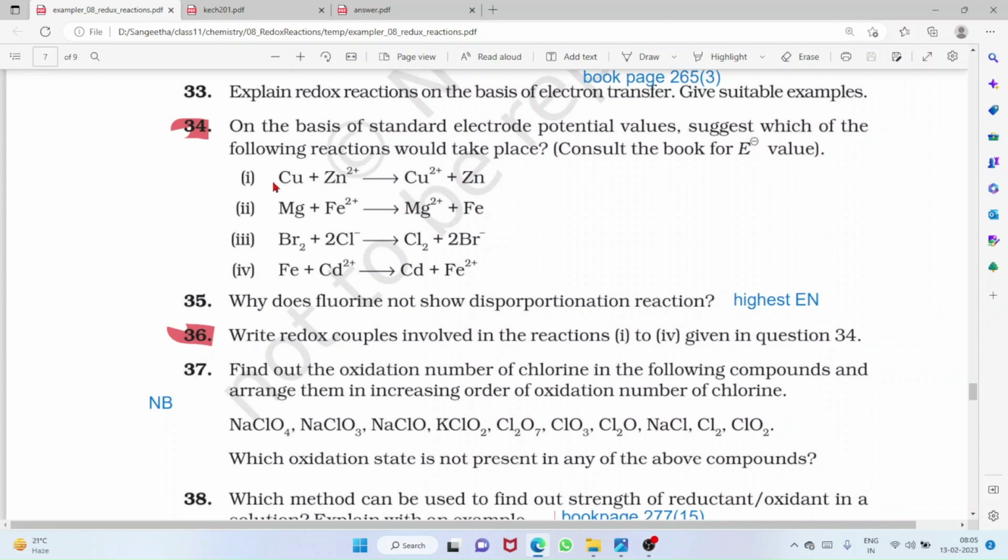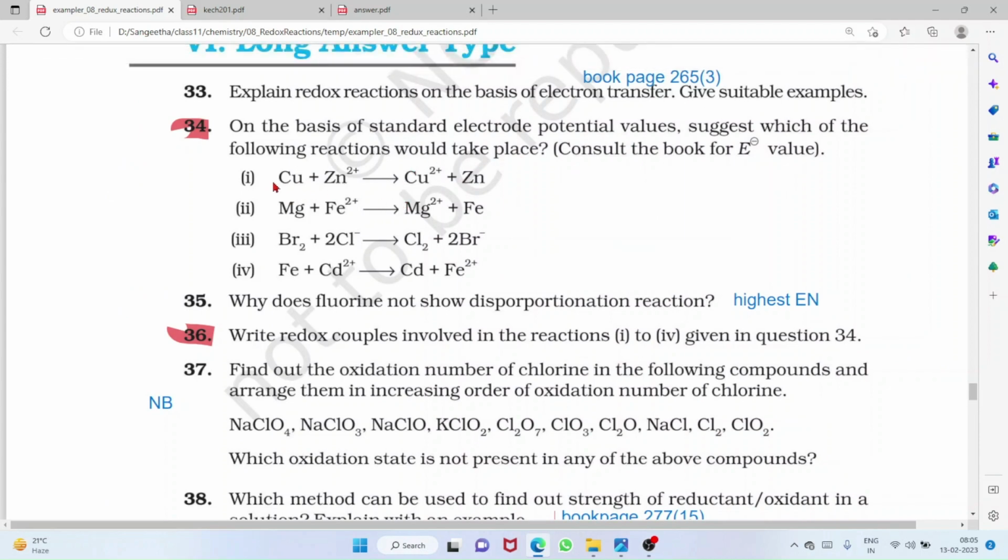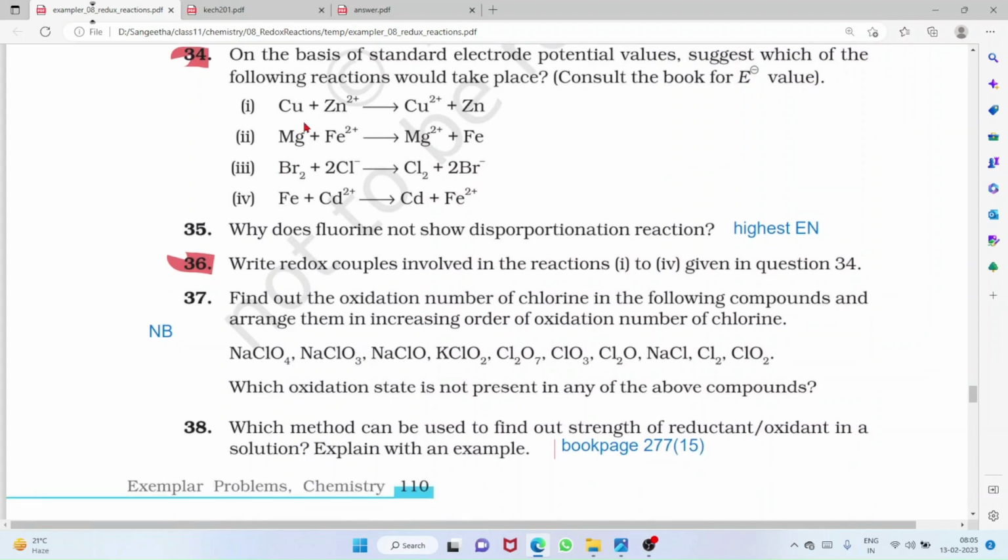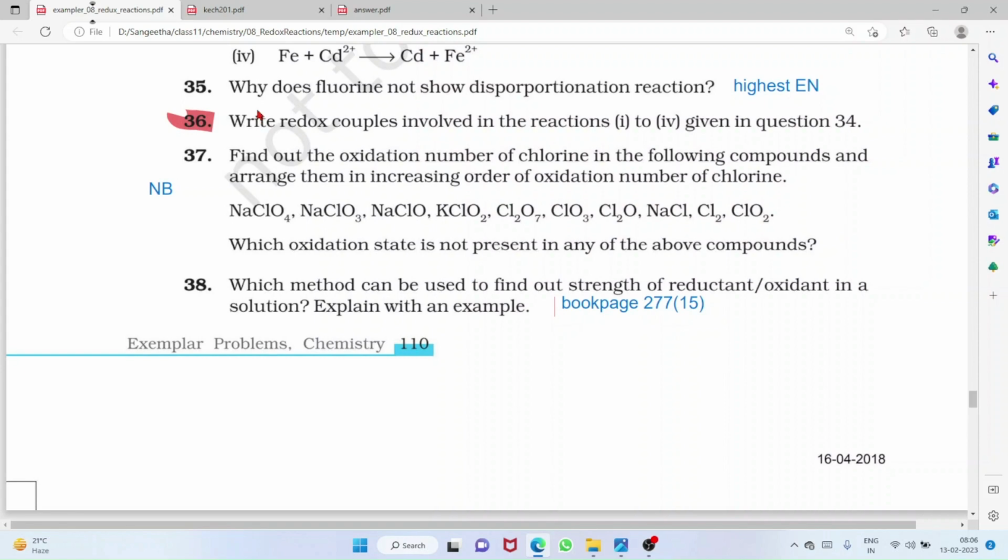I already showed you an example of how we can use this standard electrode potential to find out whether a reaction can occur or not. So based on that you can do it yourself. Why does fluorine not show disproportionation? Fluorine has a fixed oxidation number of negative one, so it does not show disproportionation because of its highest electronegativity. So this also you can do for yourself.